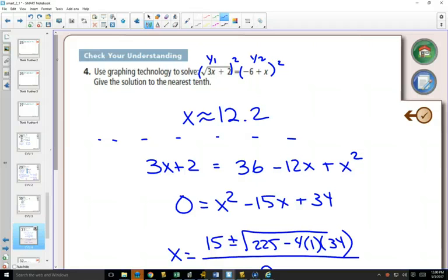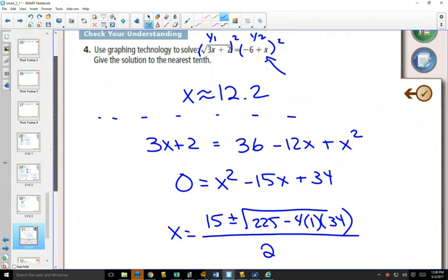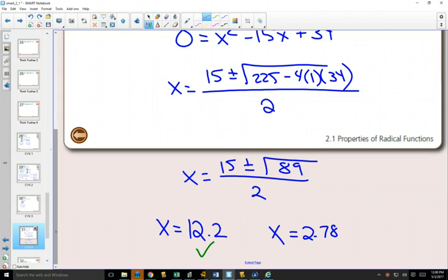So when I plug in 2.78 here, I'm going to get 3 times 2.78 plus 2, a number that's close to 11. Square root of 11 is going to be 3 point something. But when I put 2.78 into this side for x, negative 6 plus 2.78 is going to be negative 3 point something. The square root of a number is always positive. So when we go to check this, this one is called an extraneous root.